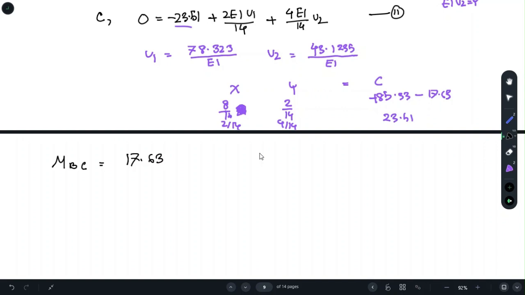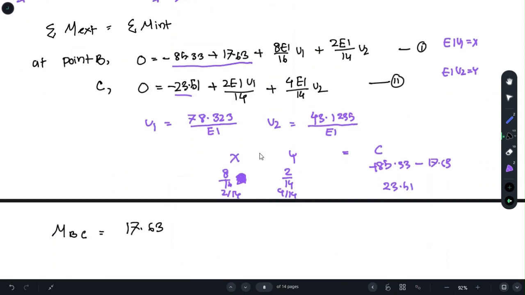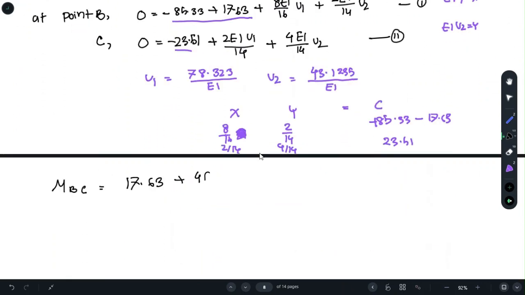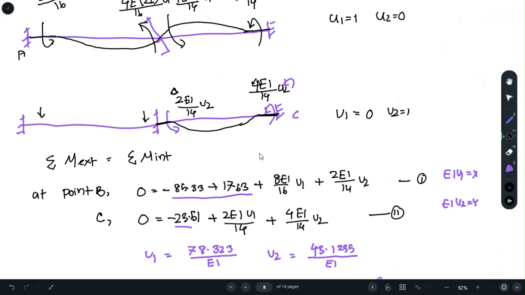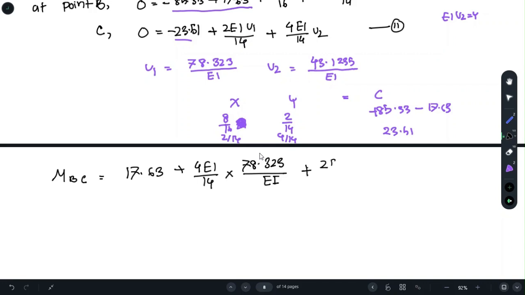Later, what do we need? We need the dokis, B to C. We'll use this value, 4EI over 14 u1. What is our u1? u1 is 78.323 divided by EI. Another doki we have here is 2EI over 14 u2.